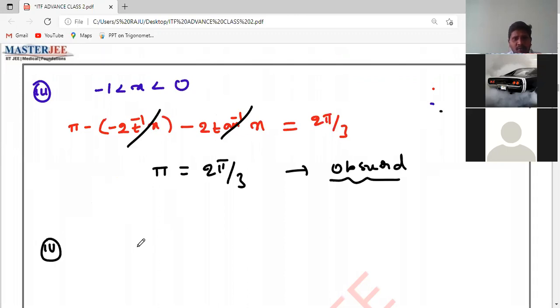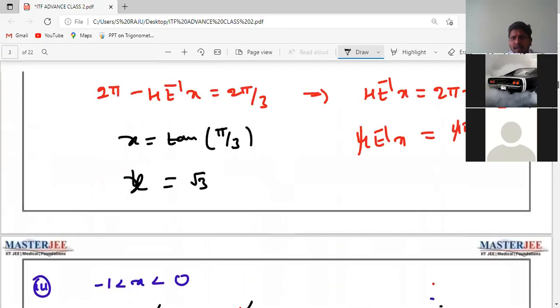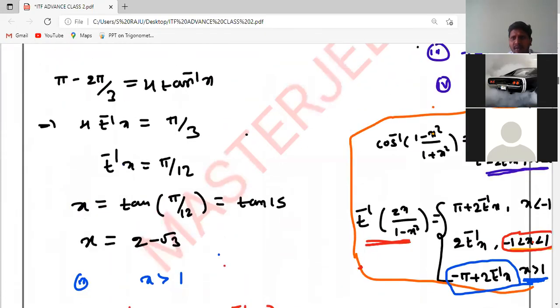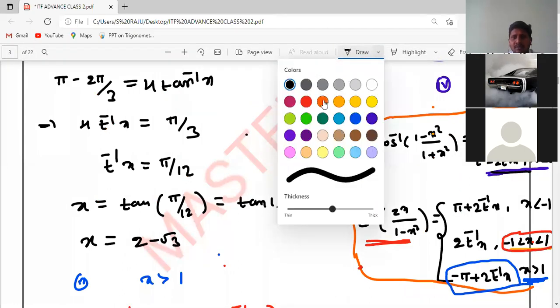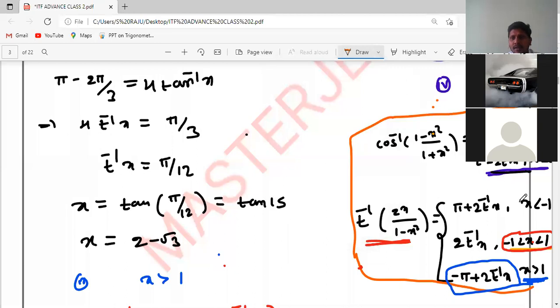Then let us go for the fourth case, that is x lesser than minus 1. X lesser than minus 1 means again negative values, cos inverse is the second formula. What about tan inverse? Pi plus, see, pi plus 2 tan inverse x, since x is lesser than minus 1. I clearly wrote pi plus.